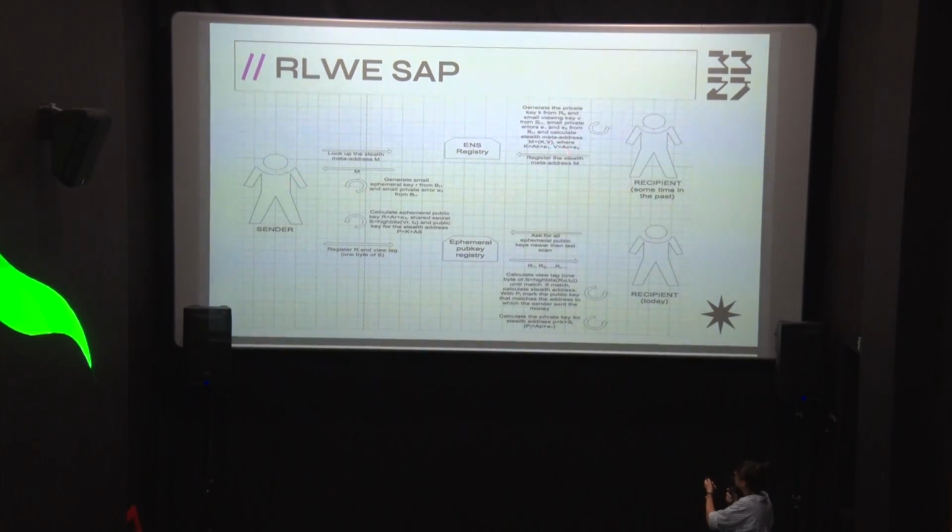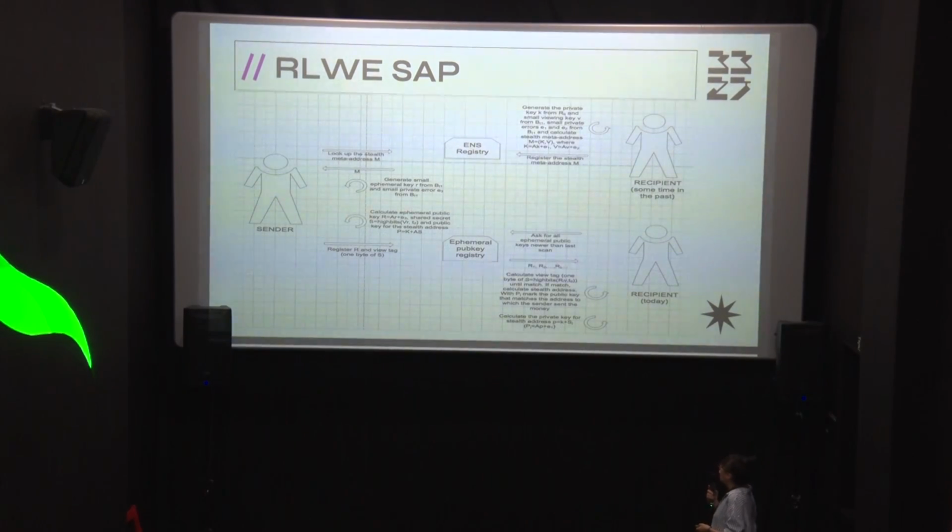And this little v will be the viewing key. And the viewing key is here just in case you, for example, have a tax inspector and you want to prove to your tax inspector that you paid all taxes for all your transactions, then you need to give them the viewing key. But if you don't need that, then we don't need to use this key. So, because of this, we call this a dual key.